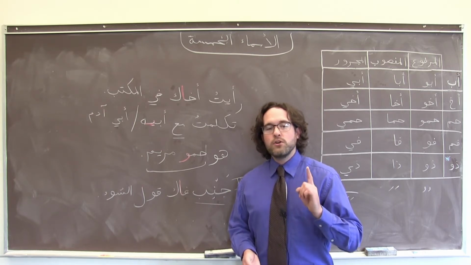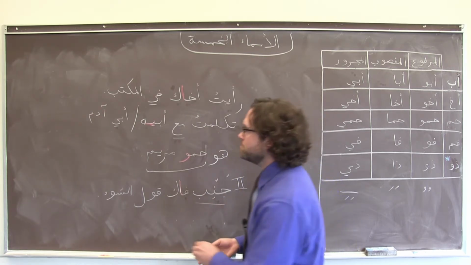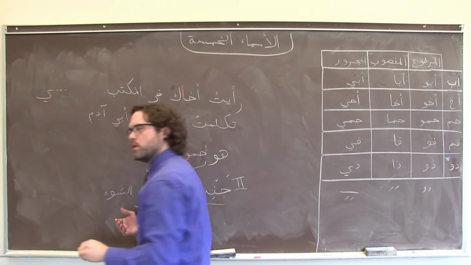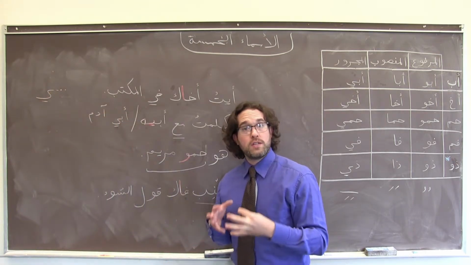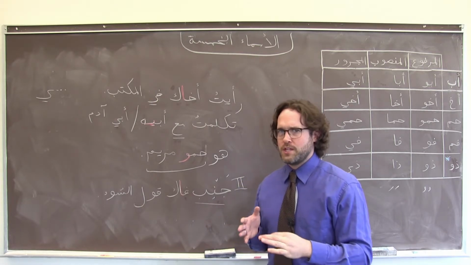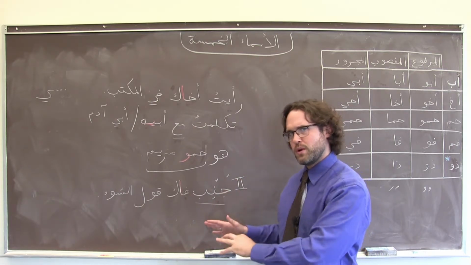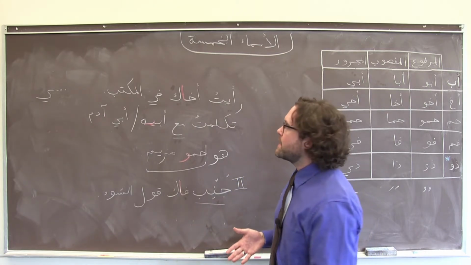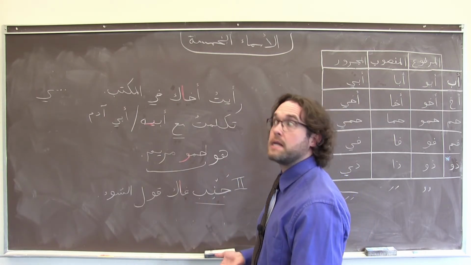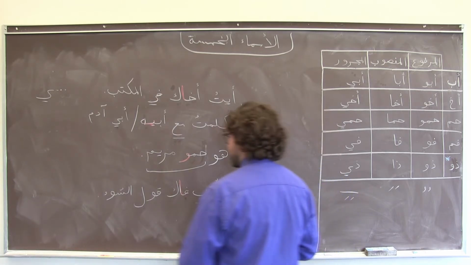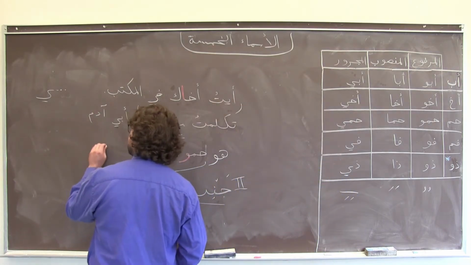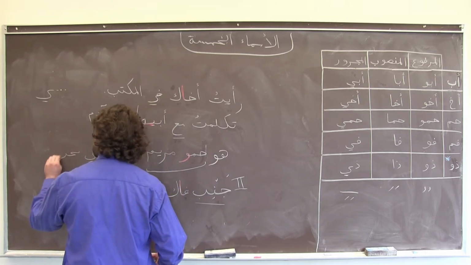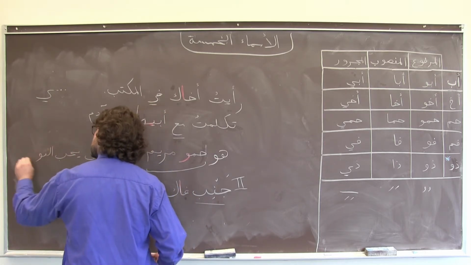Note that the first person singular ending, when we attach a ya to the end of a word, swallows up these endings. That's the one exception. That's why I said most pronoun suffixes, but not absolutely all of them. If I wanted to say, my brother likes ice cream, I could say it like this: Akhi yuhib al-buza.